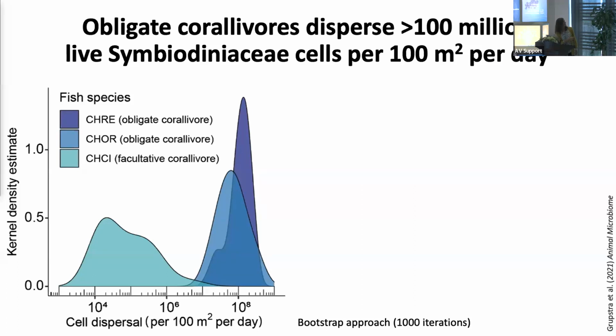Scaling out to a 100-meter squared patch per day, some of these fishes can move more than 100 million live Symbiodiniaceae cells. So this is potentially a large-scale process of coral microbe distribution that's already happening out on the reef, as long as you have corals present and as long as you have these coral eating fishes present.